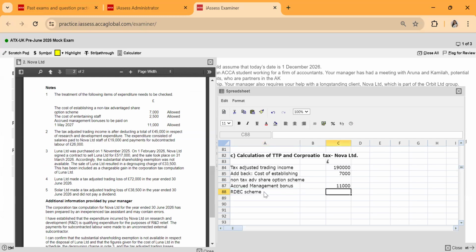The amount that we have allowed is 45, right? So how much will be disallowed? 45,000 less what is allowed: 19 plus 26,000 multiplied by 65%. So we get 9,100. That means 9,100 will be disallowed, is it?